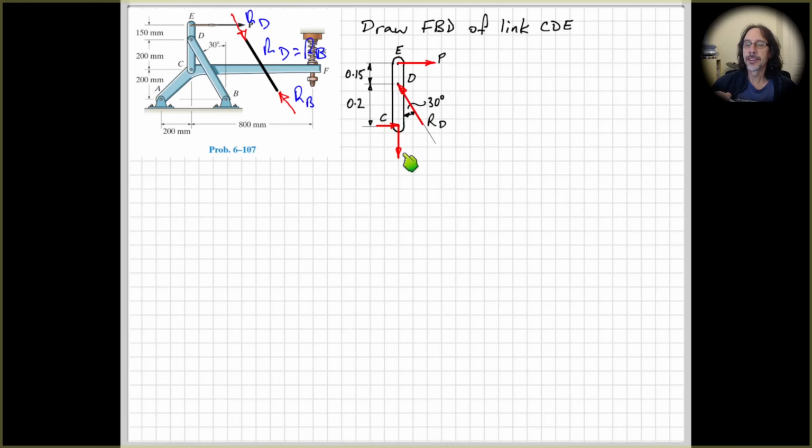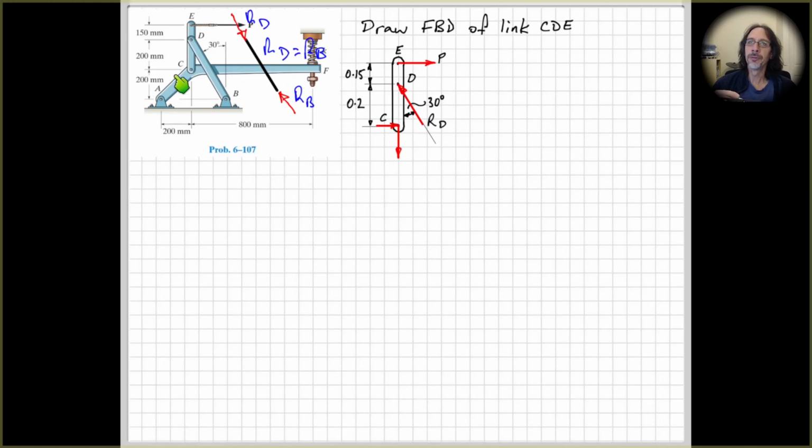Now, as I said, since this is the first time we've drawn the forces at C, it doesn't matter if you get them the wrong sense here, you'll just get a negative value. But what you need to make sure you do throughout the rest of your solution is to be consistent. So if we draw a free body diagram of ACF, for example, then you need to obey Newton's third law and draw equal and opposite to what we have here on CDE.